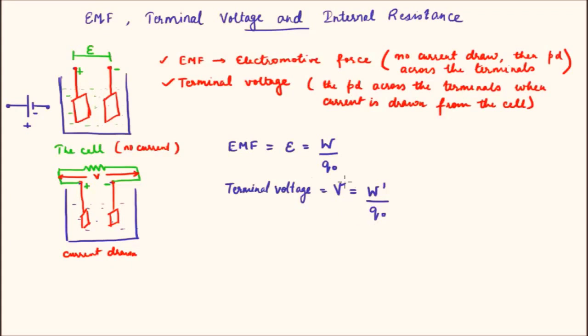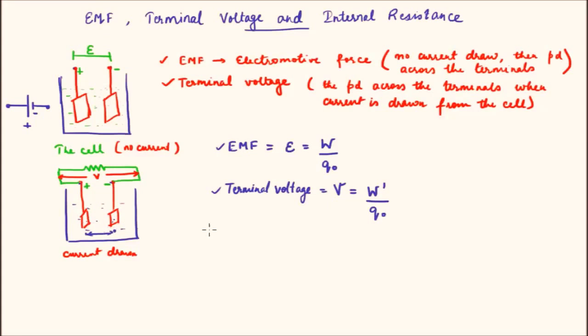Therefore, what we see is there is a disparity between EMF and terminal voltage, and that disparity comes from the amount of work that needs to be done to move the charge from one of the electrodes to the other electrode, right? Since EMF is throughout the circuit, terminal voltage is only across the terminals. Therefore, there has to be other work which has to be done to move it from here to here to complete the circuit, right?